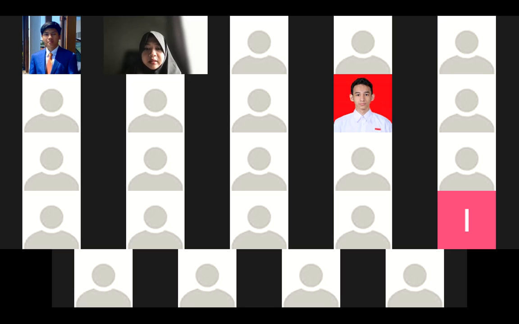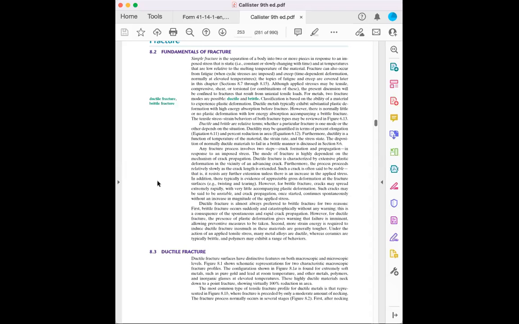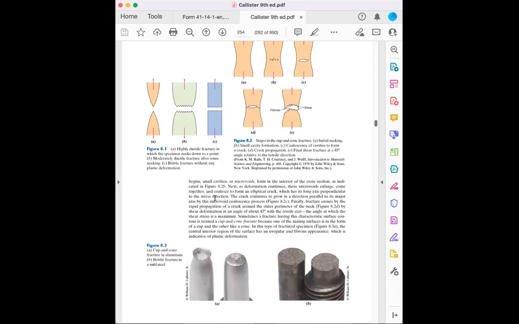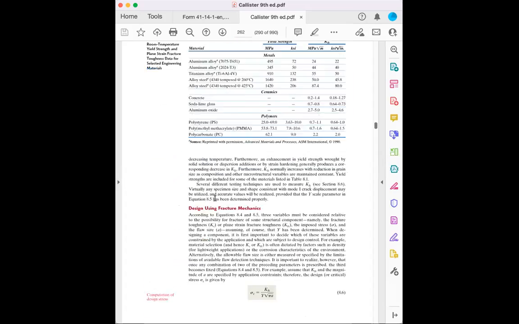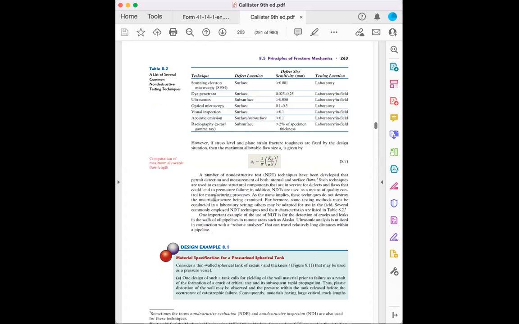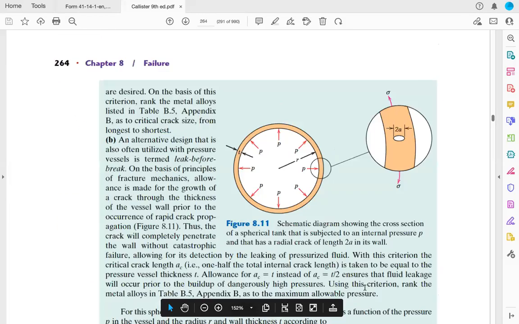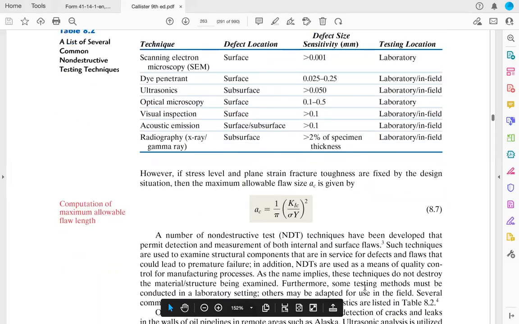So let me just explain it with this one example.